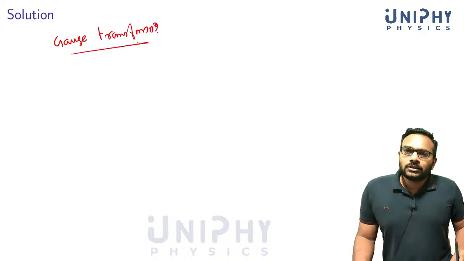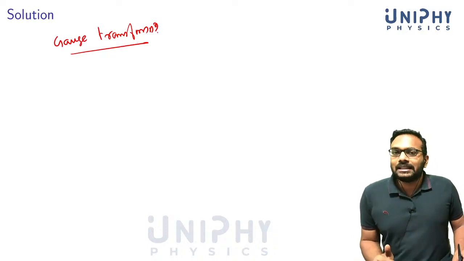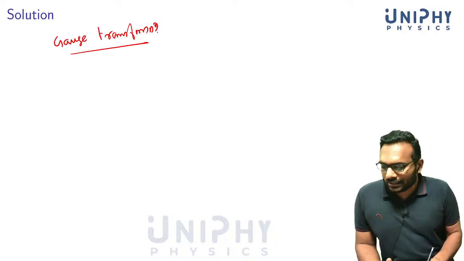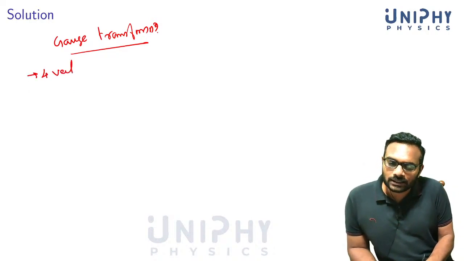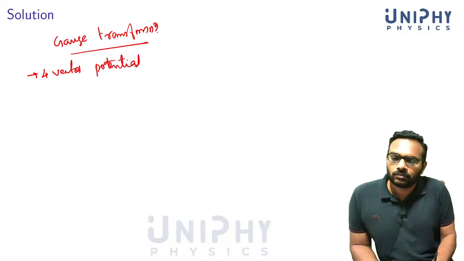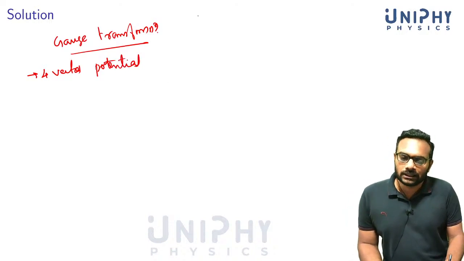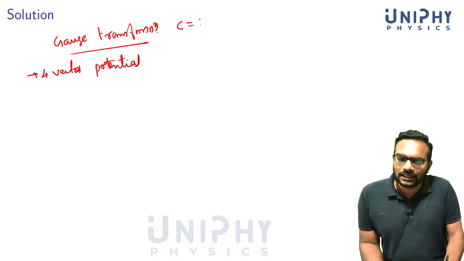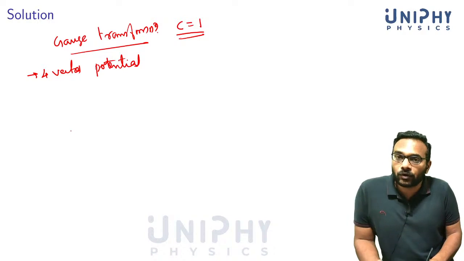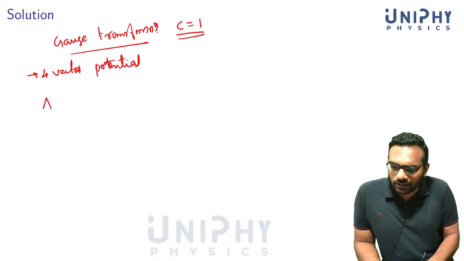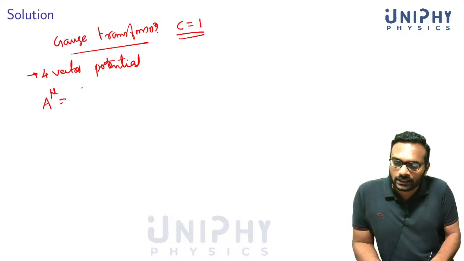When we talk about a gauge transformation, the easiest way to remember this is in terms of what we call the 4-vector potential. For convenience we will take c equal to 1, where the speed of light is equal to 1. So what is the 4-vector potential? You can write it as A^mu, and it has 4 components.